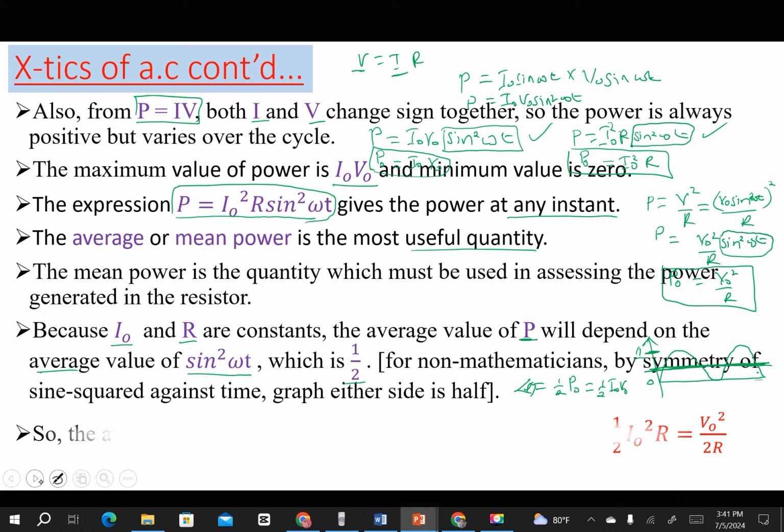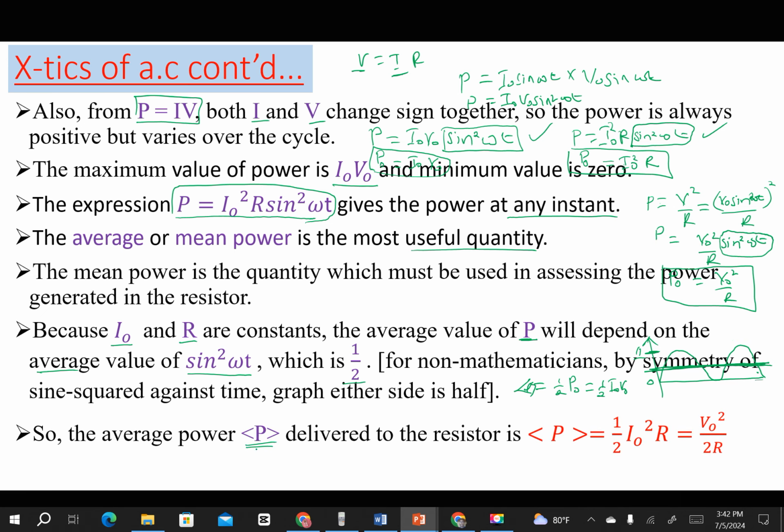So the average power is going to be a half of I naught squared R, remember, this was the peak, or a half of V naught squared over R. Or, using the equation I naught V naught sine squared omega t, where the average of sine squared omega t is a half, this will also be I naught V naught divided by 2 as the average power. So the average power will either be given by this, or that.